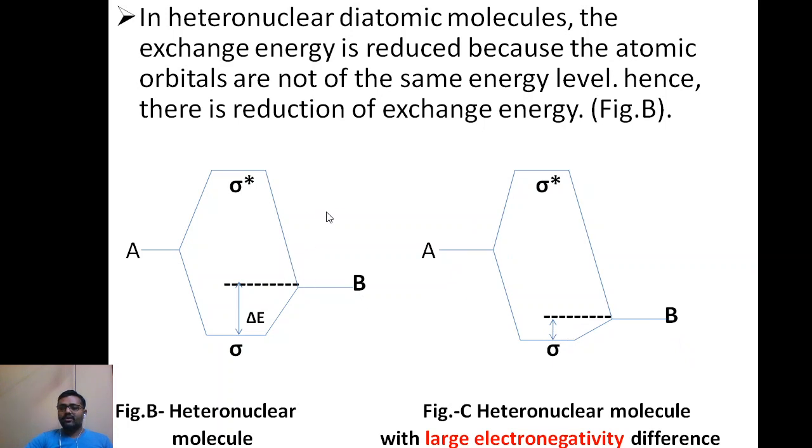As the electronegativity difference between two atoms increases, covalent character decreases and ionic character increases. This is very important. No doubt homonuclear and heteronuclear molecules are both formed as covalent bonds, but as the electronegativity difference increases, the exchange energy decreases, and its effect on the bonding nature is that the bond becomes ionic.